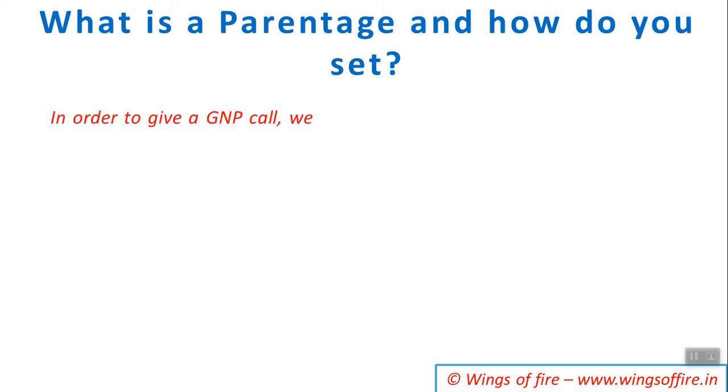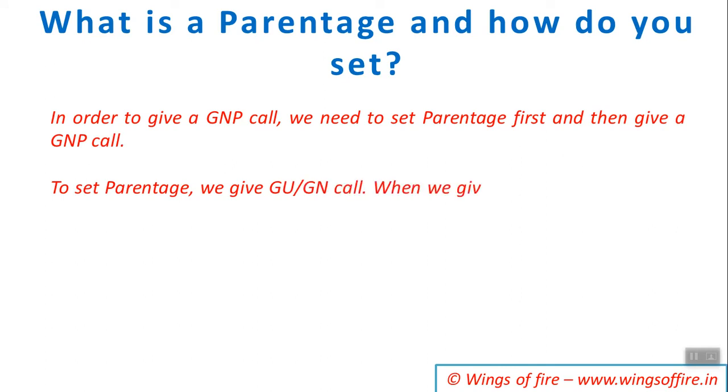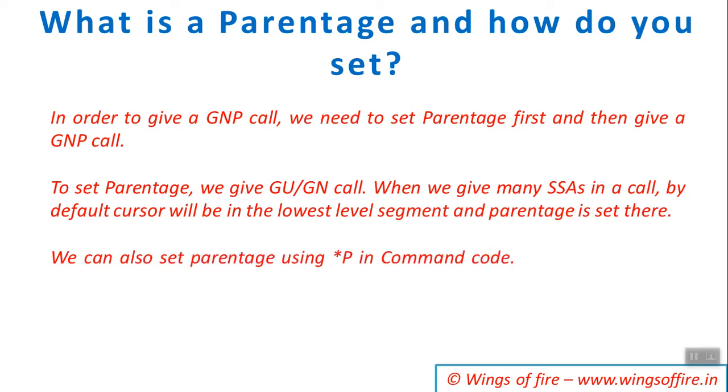Apart from giving a GU or GN call, we can also use command code P to set parentage on a higher level rather than a lower level. Suppose you have 5 SSAs in your call, the cursor will be in the lowest level segment. Assuming the call is successful, the segment in the fifth level is where parentage will be set.